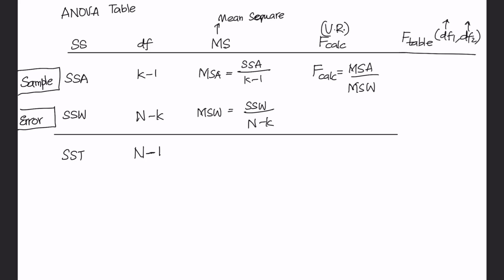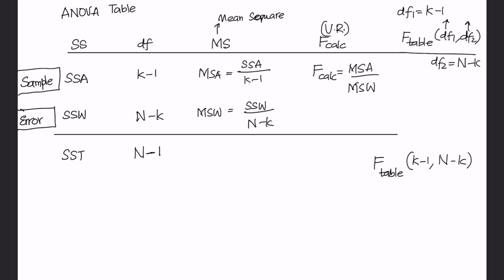So df1 is k minus 1, and df2 will be n minus k. So for F of the table, the degrees of freedom will be k minus 1 and uppercase N minus k.